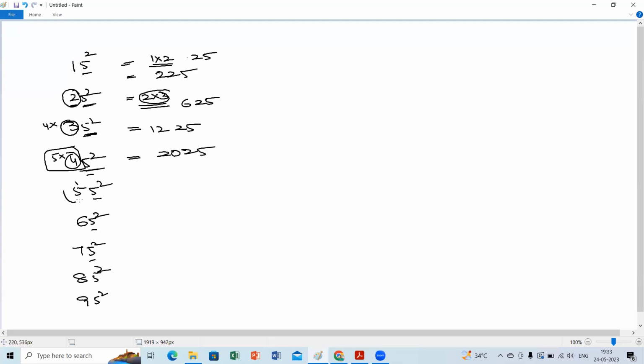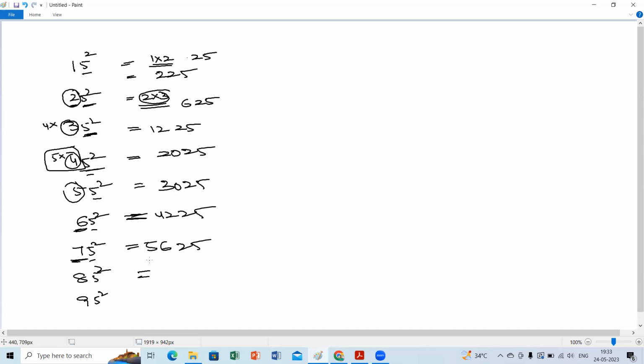So 5 into 6 is 30, and 35 square is 30 25. 6 sevens are 42, so 4225. 7 started, the next consecutive number to 7 is 8. 7 eights are 56. So 5625.